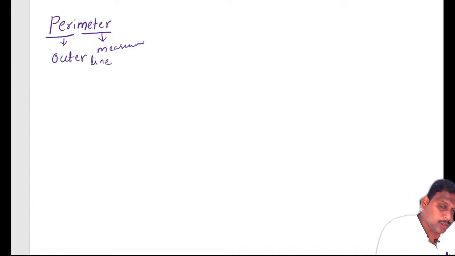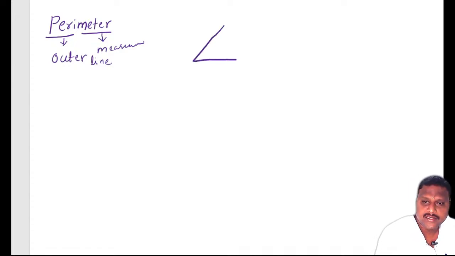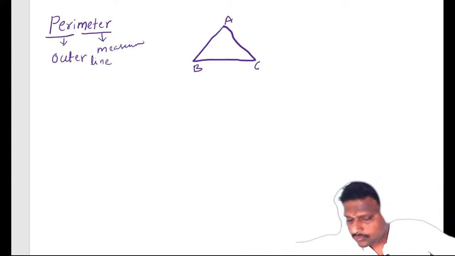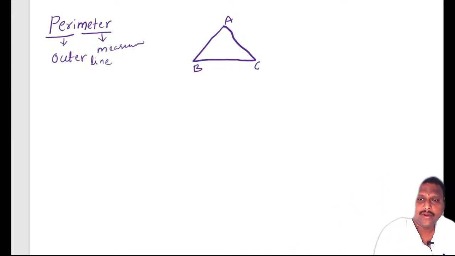For any closed figure, if we see this is a triangle A, B, C. In this triangle, we need to know the perimeter. If we start from here, this is the outline of our triangle. This measurement is called the perimeter.